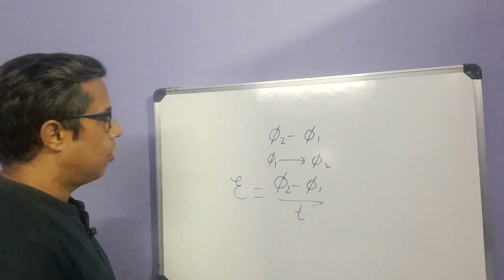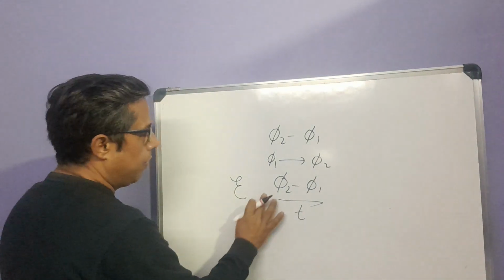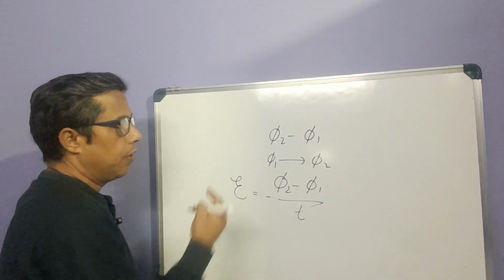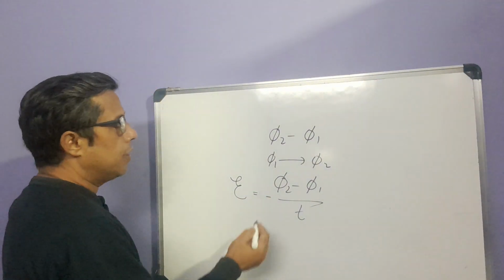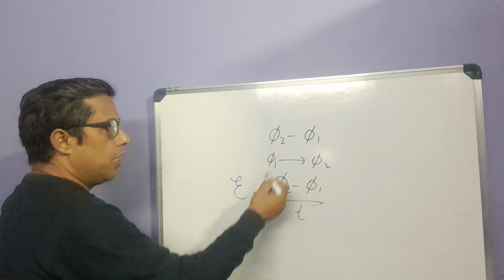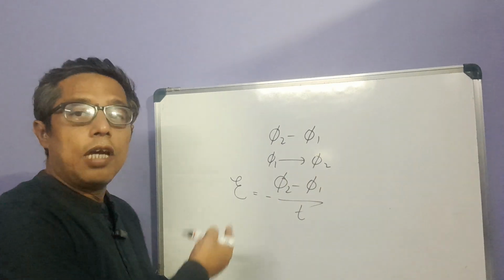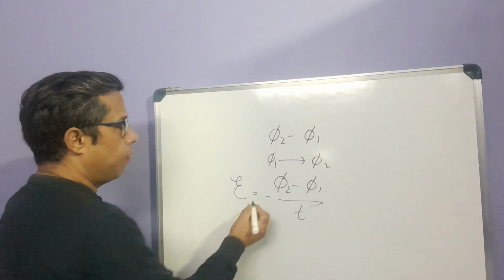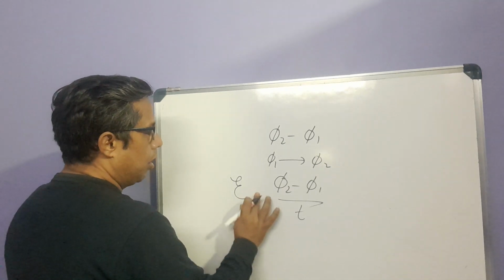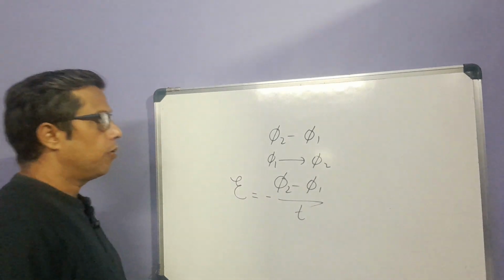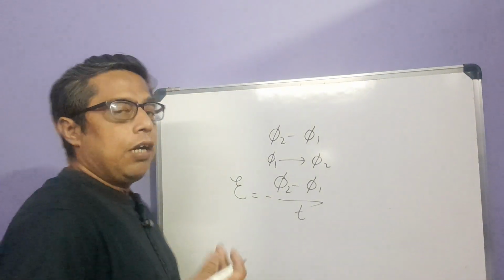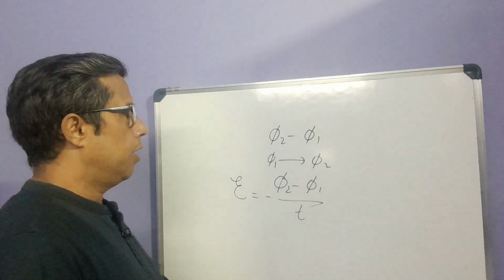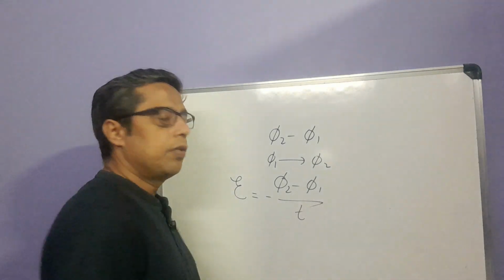That's why, to support Lenz's law, we give a negative sign over here. That means the rate of change of flux is proportional to the EMF, and the induced EMF or induced current will oppose the cause of its production.